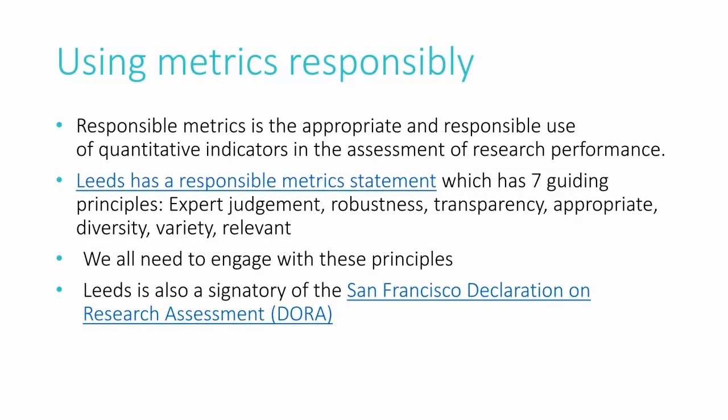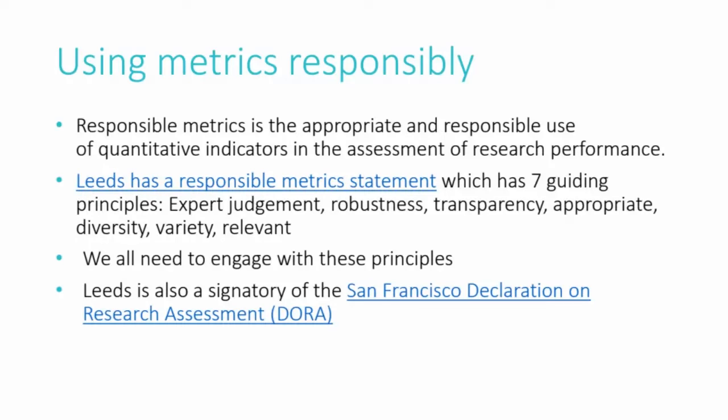We're not finding a metric for somebody and assessing their whole research just on this one metric, for example, the number of times their research has been cited. We need to use a basket of research assessment. Bibliometrics is just one of those things that you can use to assess or look at someone's research.